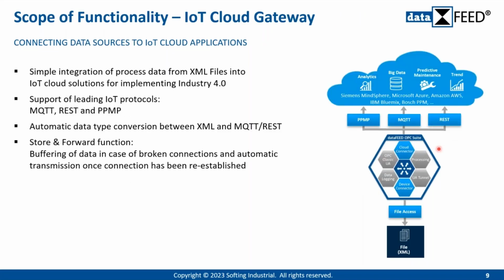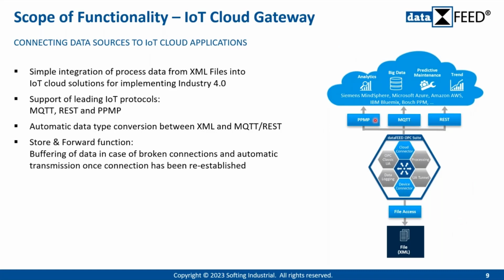The second typical scenario is to read the data, in this case acting as an IoT cloud gateway. We provide the data we read from an XML file through standard interfaces or IoT protocols, for example MQTT, REST, or PPMP, to any kind of cloud application.